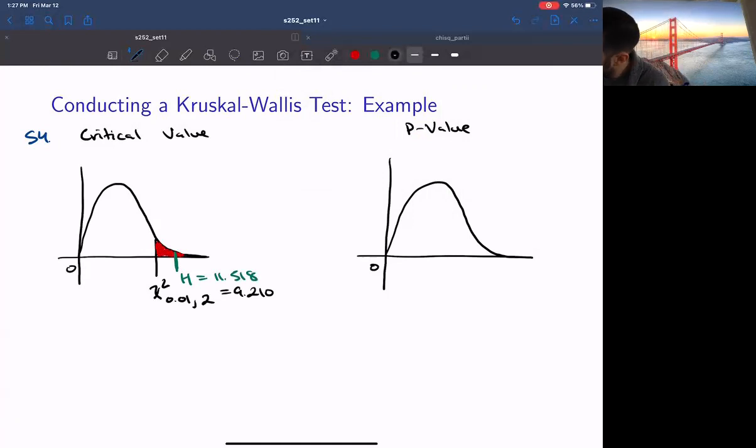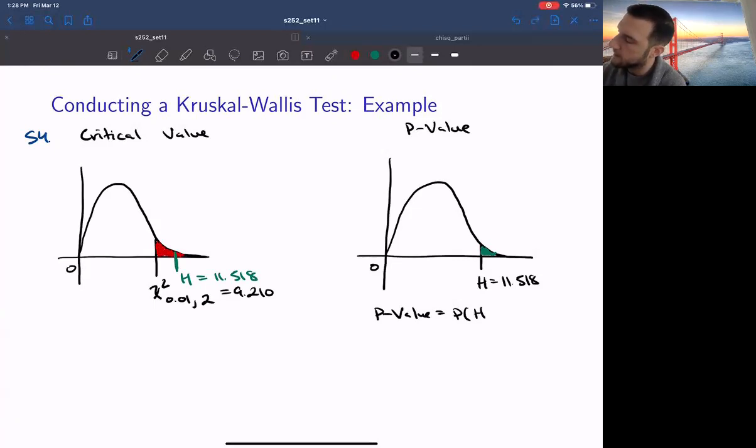Okay, if we take the p-value approach, we have capital H equals 11.518. Our p-value is the area to the right of the test statistic. So we have p-value is equal to the probability that a chi-square exceeds 11.518.